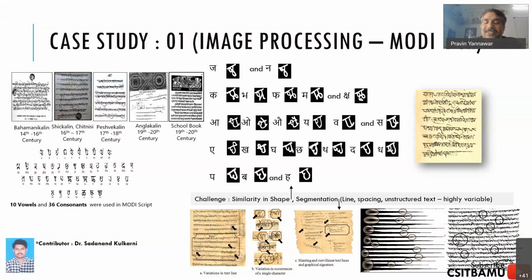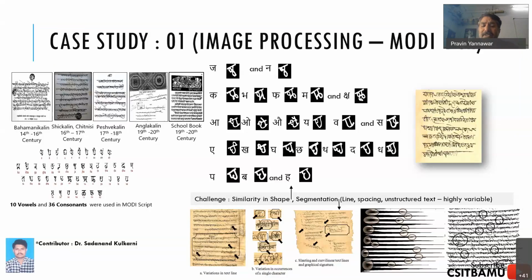Angla stands for British. Right now there are some Modi scripts also available in books. The Modi language has 10 vowels and 36 consonants used in the Modi script.